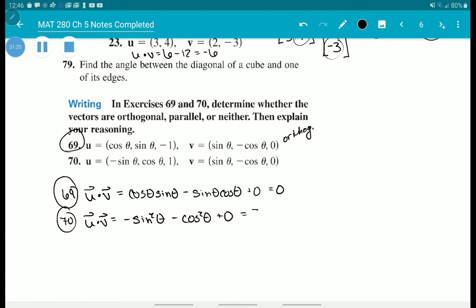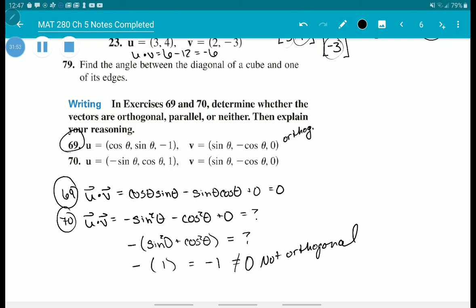So we want to know, what is that equal to? Well, we could factor out a negative from the sine squared and cosine squared. And sine squared plus cosine squared is equal to 1. So this is actually equal to negative 1, and that's not 0. So they are definitely not orthogonal.